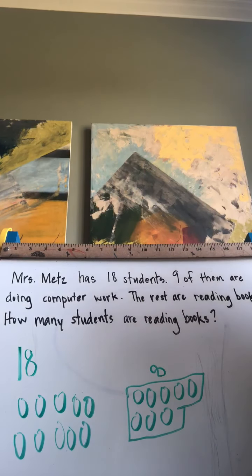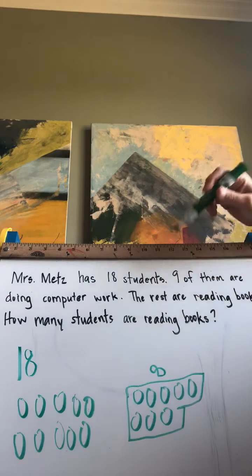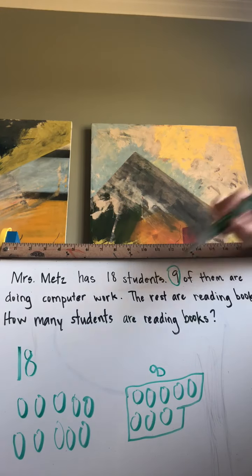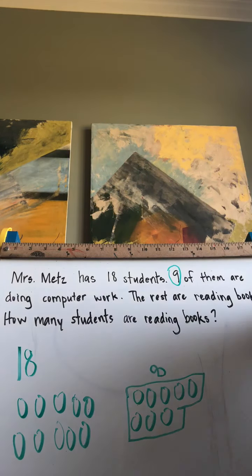Okay? That is 8. Well, I know that I'm actually supposed to have 9 of them, so I'm going to come over here and get one of those. So now I have 8 and 1, and that equals my 9 that are doing computer work. Well, now I can easily see how many kids are reading a book. Do you see how many kids are reading a book?